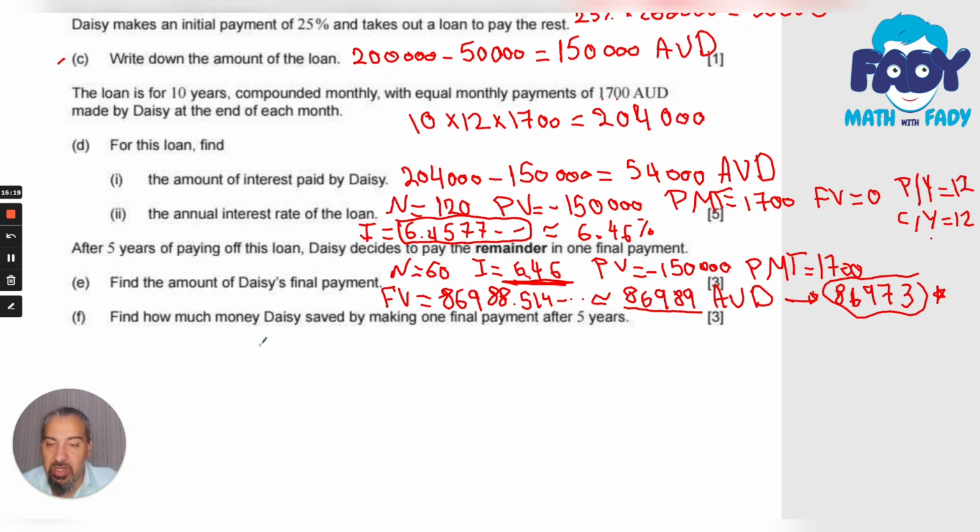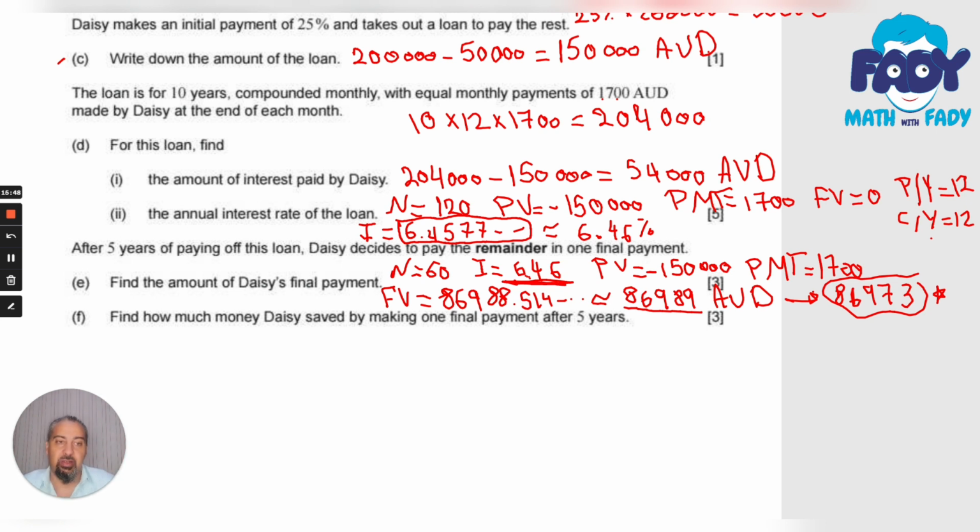Find how much money Daisy saved by making one final payment after 5 years. So now we know that she will pay this 86,989. This is her remainder. And she already paid 5 years monthly payments.